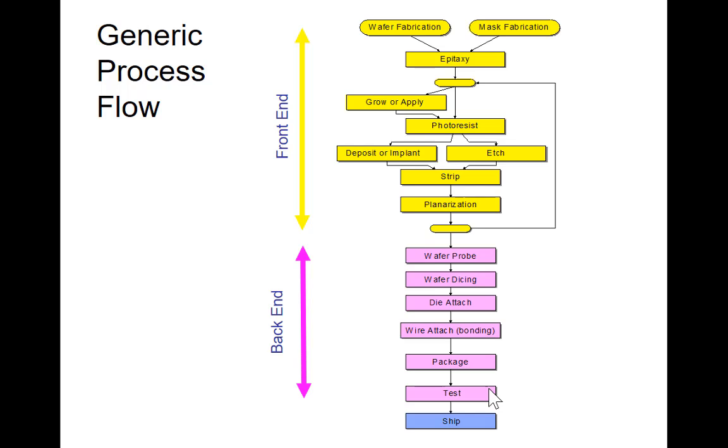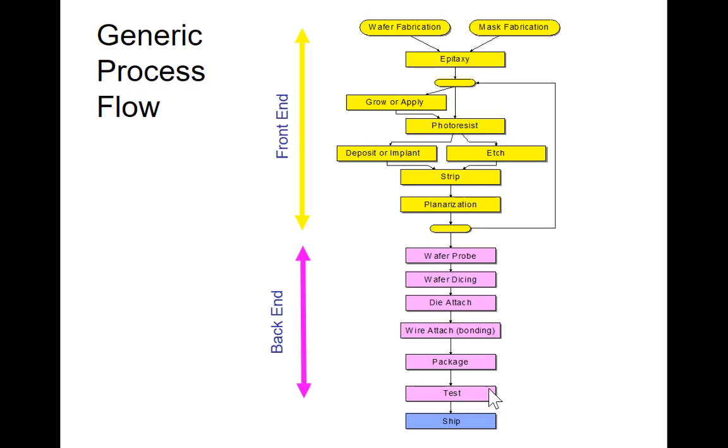We'll talk about the different steps, the depositions, etc. You put some material on it, and then you will do a photo step: put a layer of photoresist on it, and then you will do depositions, implantations, etching, etc.